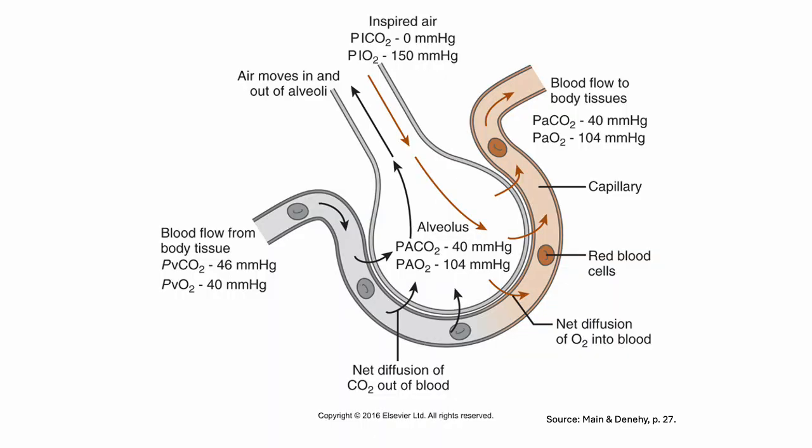Okay. So this is just an illustration of why CO2 makes sense, okay, in terms of the end-tidal CO2. Okay, so end-tidal CO2 means at the end of the tidal volume. So when you breathe in and you breathe out, at the end of exhalation, the amount of CO2 in the alveoli and the amount of CO2 in the blood that is leaving the alveoli should equilibrate, should be about the same.